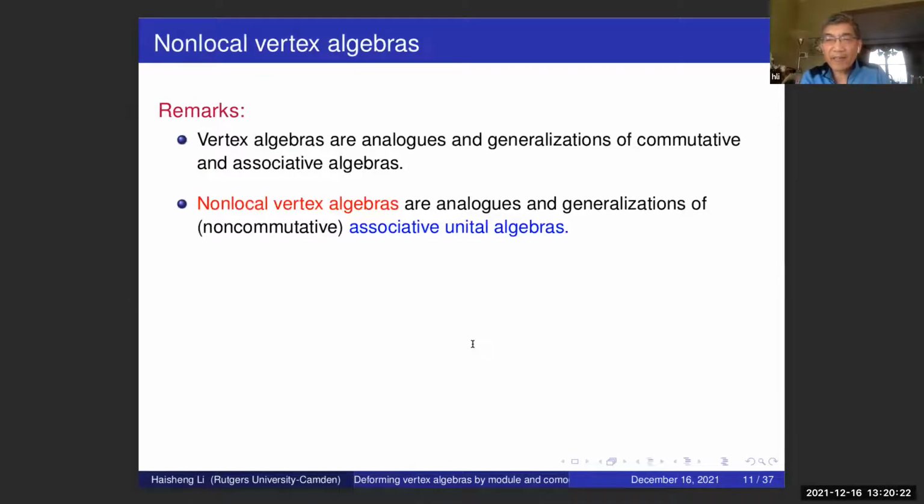And then if we want to talk about more general quantum vertex algebras, just like for quantum groups, we need to relax something, or you still consider this in a certain category. So here we still do this inside the category of associative algebras. A non-local vertex algebra is simply an analog of an associative algebra, not in general commutative.